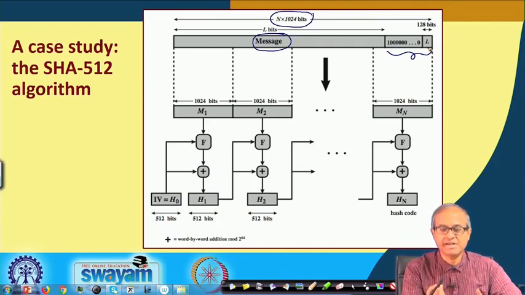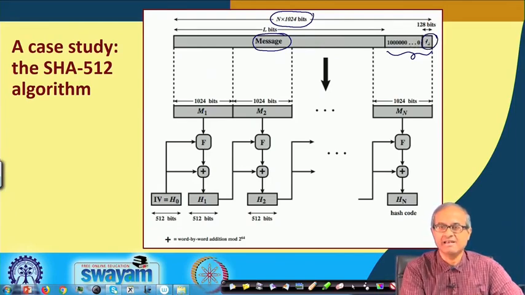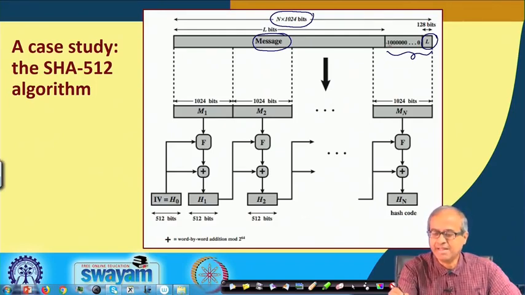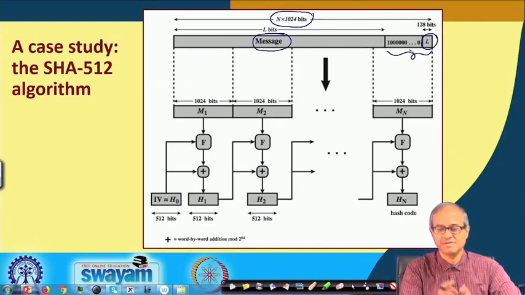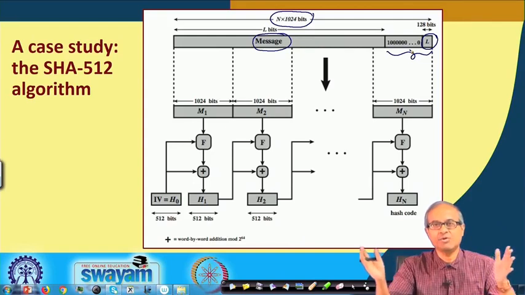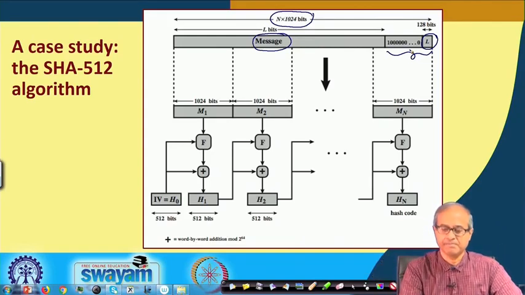What does the padding contain? At the end it contains the length of the message, L, the number of bits in the original message, and the pad itself consists of a single 1 followed by all zeros. You do this to make the whole thing a multiple of 1024.